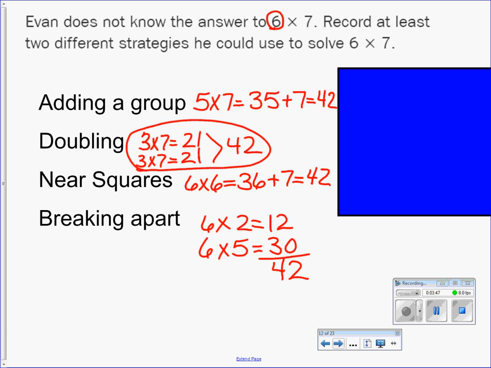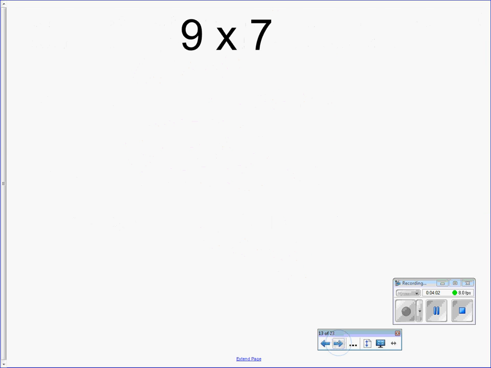So that would be using each one of our strategies to solve 6 times 7. So now we know that 6 times 7 equals 42. Okay, and you can use whichever strategy that you like.